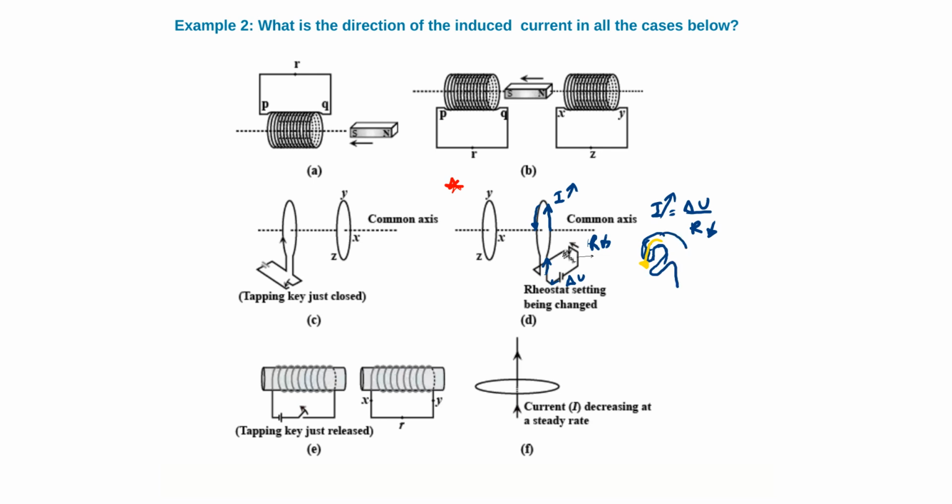If I apply that to what I see over here, roll my fingers along the direction of current and open my thumb, it will be that. So that's the direction of the background magnetic field. What is happening to it if current increases? It also increases, right?